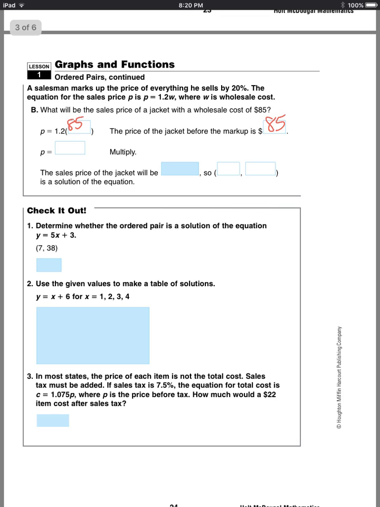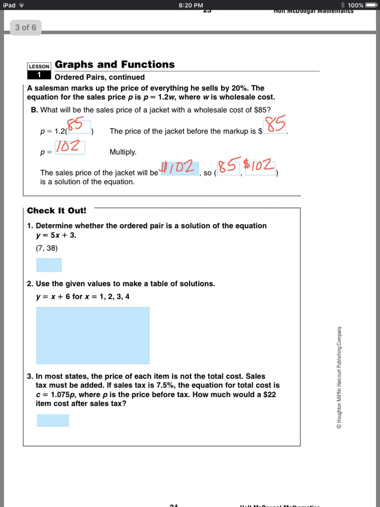And then in order to see how much we're going to have to pay for the jacket, if we choose to buy it from the school or the store, we multiply those two numbers, 1.2 times 85, and we get 102. So the sales price of the jacket is $102. That's a dollar sign. So when the wholesale price is $85, we are spending $102 if we want to take it home.